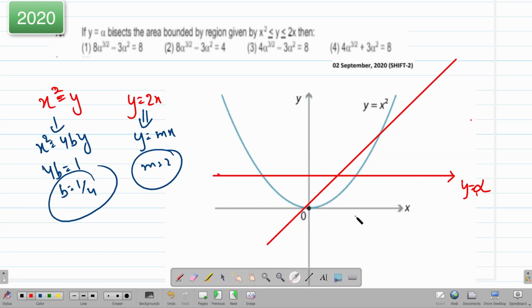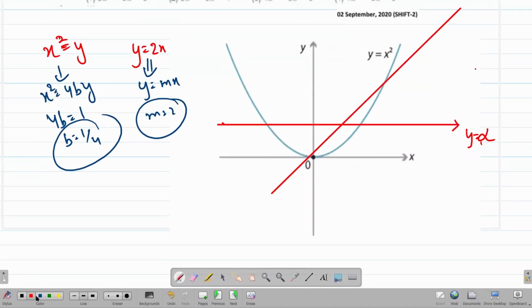So that means we take one half as this. But according to our formula, the area bounded by this parabola and the line, my shortcut was 8 by 3 b square into m cube.